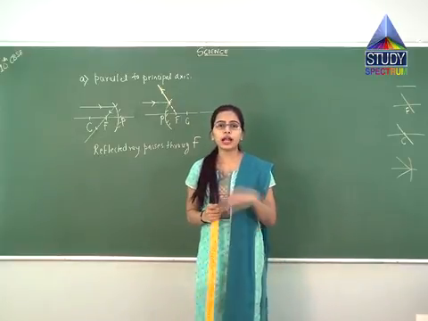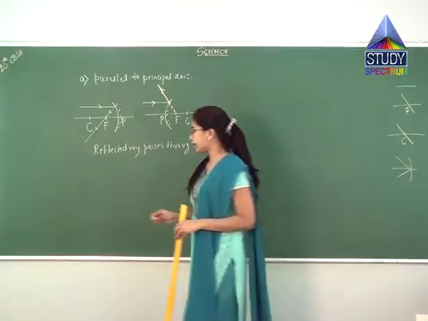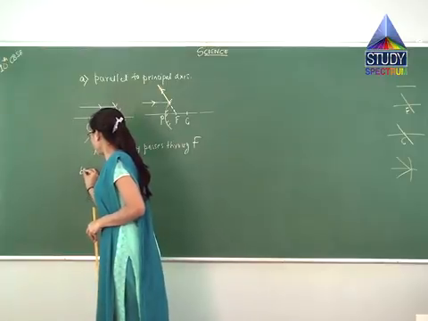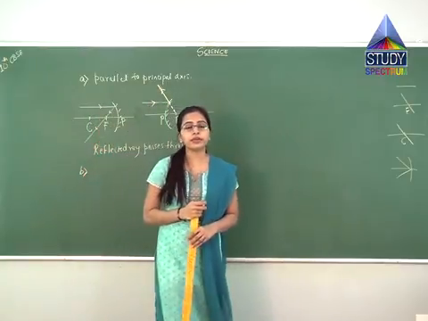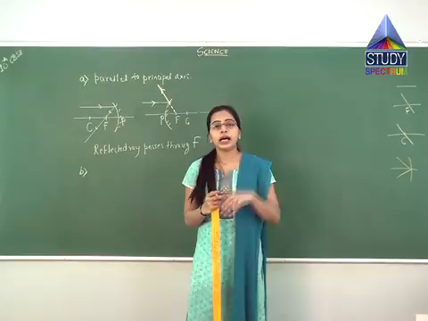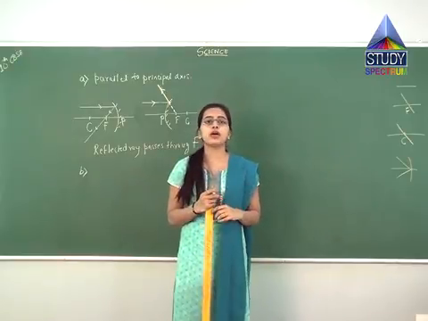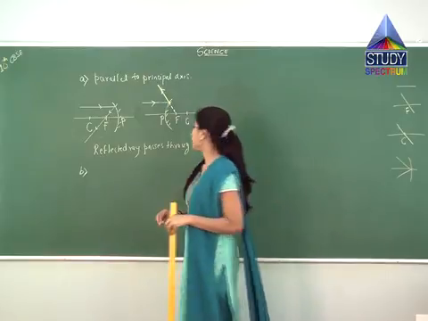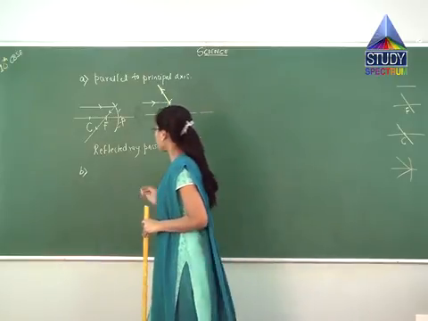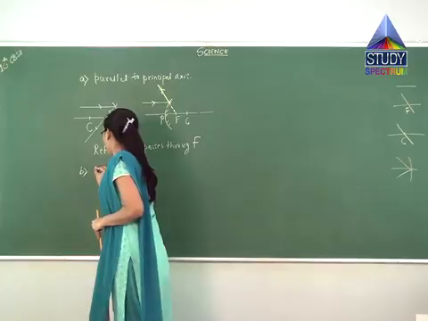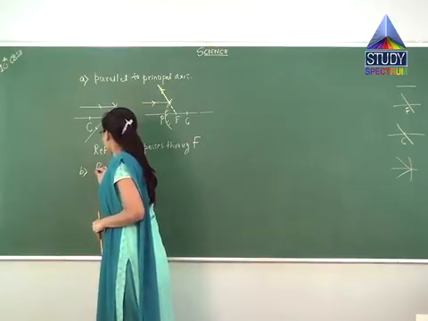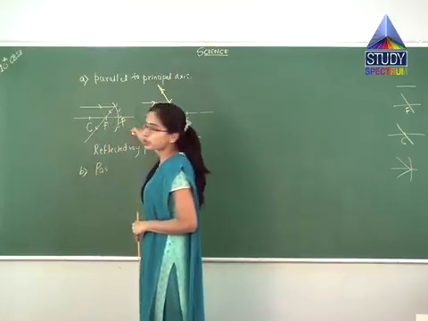Now let us move to our next case, the second case. Now if the incident ray is passing through the focus, I will show you. Here we are taking the opposite of the first case.